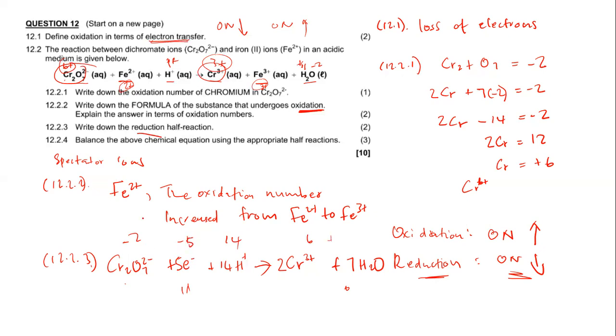Now we say -2, -5 plus 14, we get 7. Oh, 6. We're supposed to say 6 here, not 5. 6 so that we can get -6. So -2, -6 on your calculator, +14, we're going to get 6. Now the charges are balanced. And therefore, this is the half reaction, and then we are done.